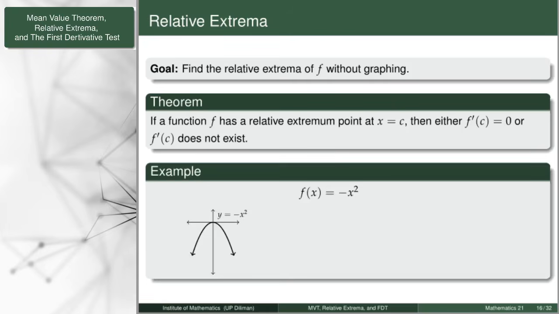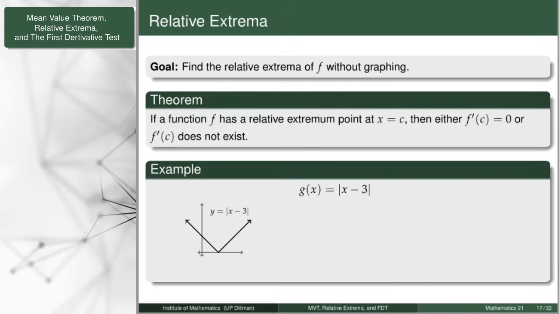For example, this is the graph of y equal to negative x squared. You will notice easily at the graph that it has a relative maximum at the origin, and the theorem states that the x value where it happened, at 0, if you evaluate the derivative at that point, it will be 0 or non-existent. And that's true. The derivative of my function is negative 2x, and if you evaluate it at the relative extremum point, that will be 0.